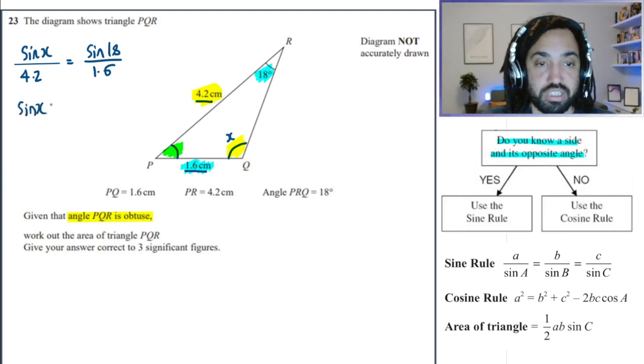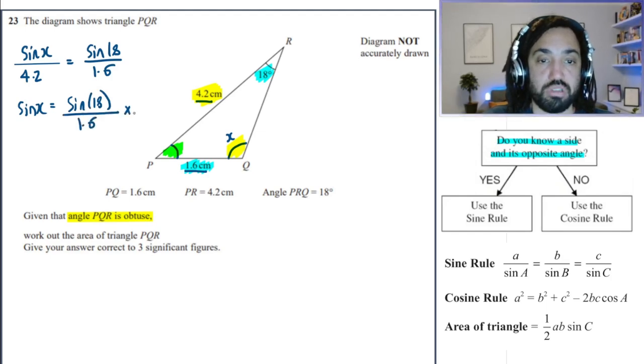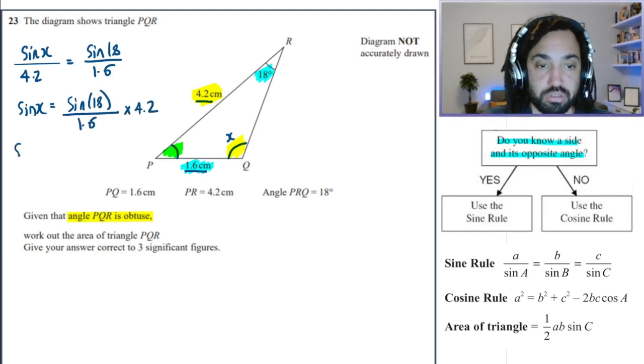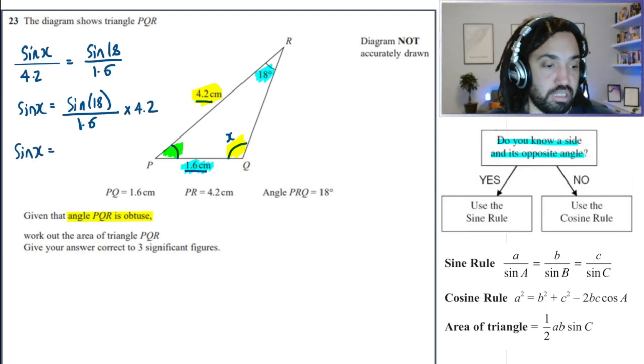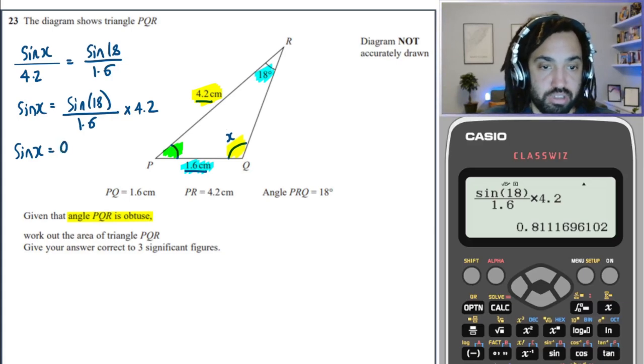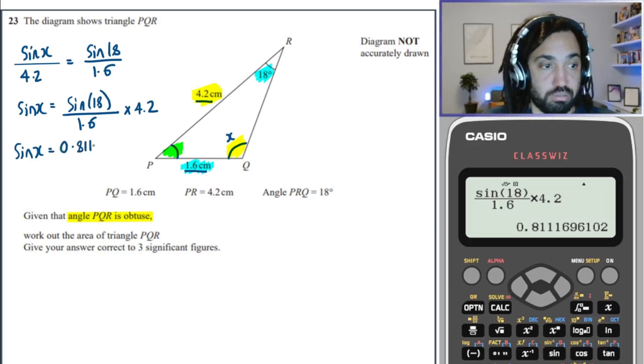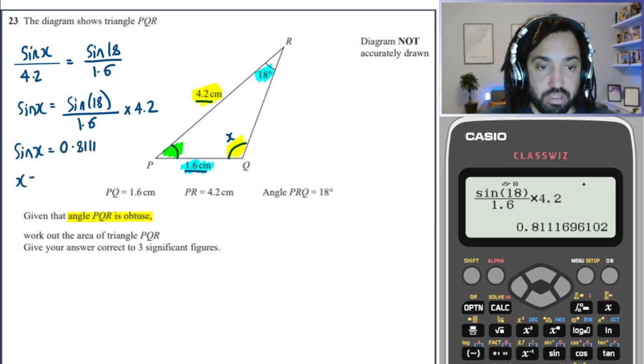So sine of x is therefore equal to sine of 18 over 1.6 multiplied through by 4.2. So we can do that on our calculator, and we get 0.8111. So x is equal to sine to the minus 1 of 0.8111.